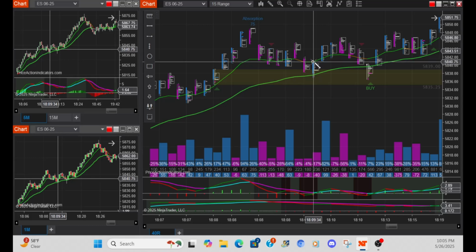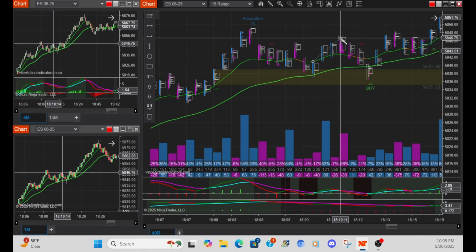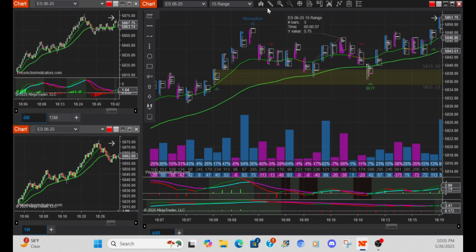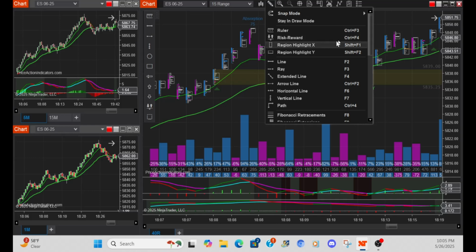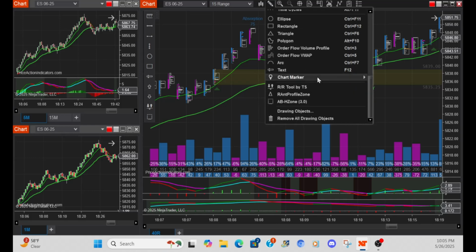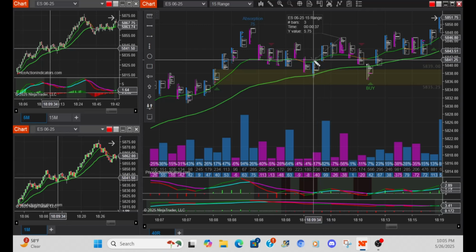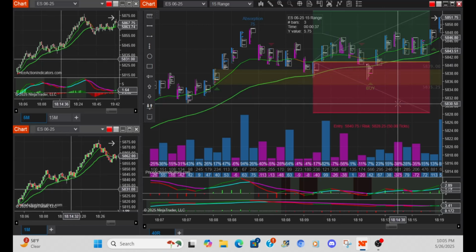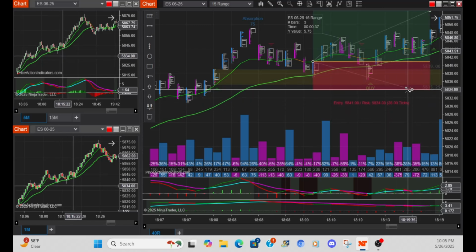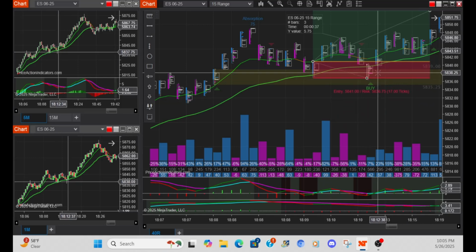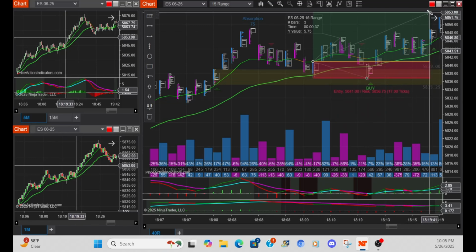Now from here, since we're doing 15 ticks, let me do this instead here, make it a little easier. This is set for the 40, but we want to go our 15.